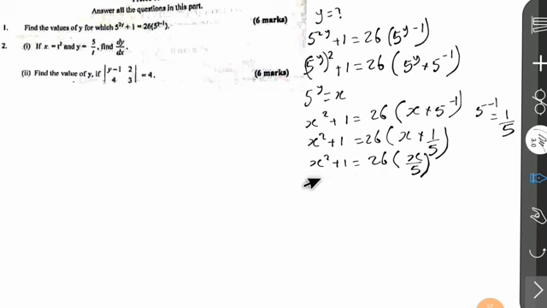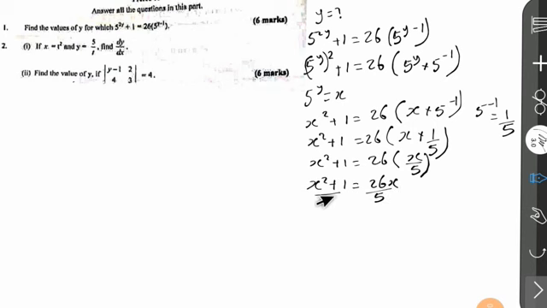That gives us 26s over 5. So this is in fraction.